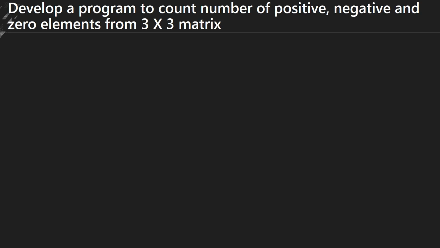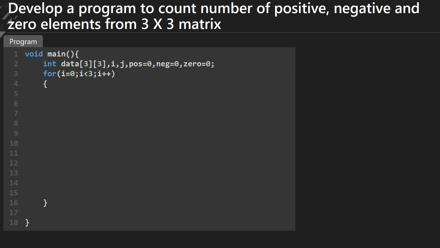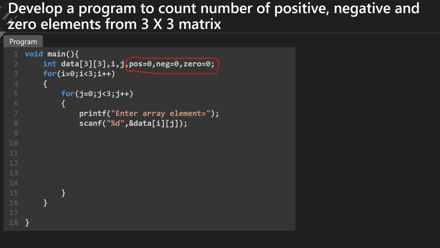In this case I need to count the number of positive numbers, negative numbers and zero elements in the 3 cross 3 matrix. I have written one program for it, like the one you were shown for the single-dimensional array, where you can also count the positive and negative numbers among 9 numbers, right? You know how to read the data from the user end.